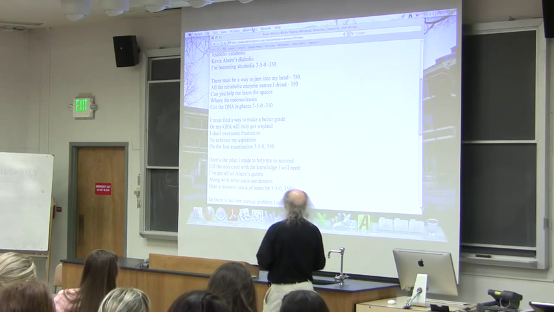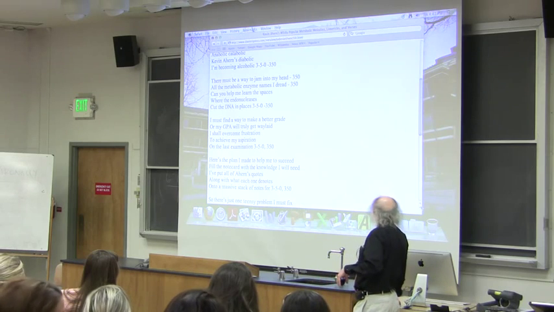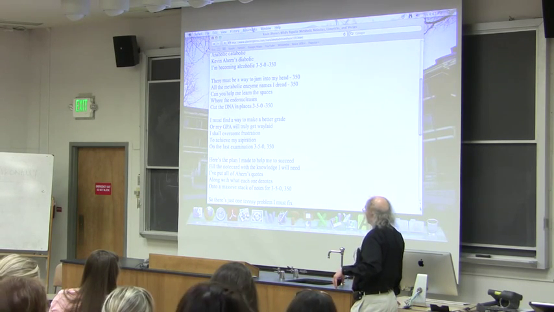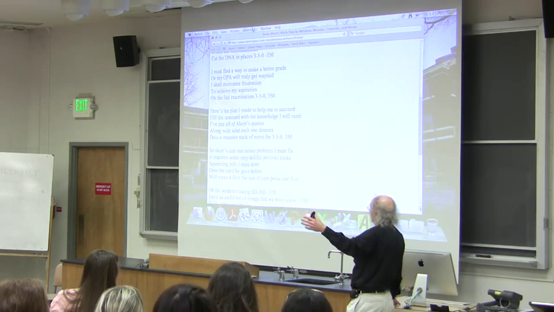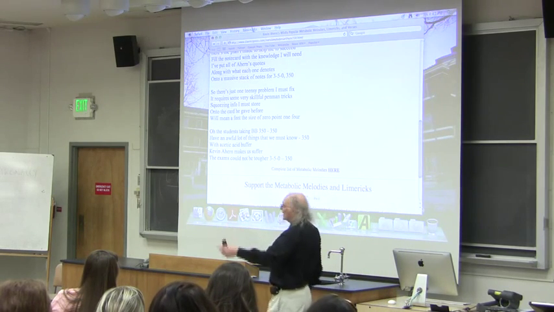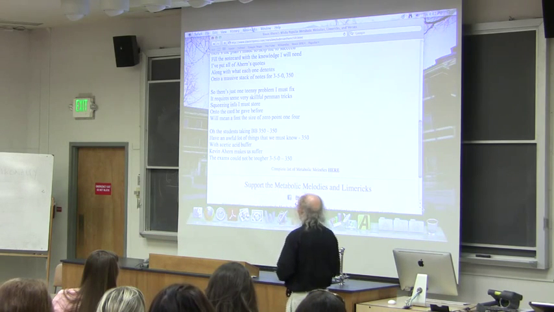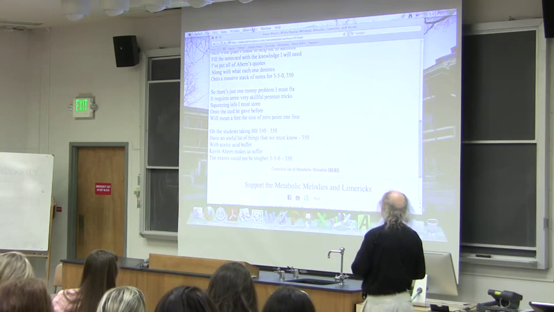Here's the plan I made to help me to succeed. Fill the note card with the knowledge I will need. I put all of Ahern's quotes along with what each one denotes onto a massive stack of notes for 350. Though there's just one teensy problem I must fix. It requires some very skillful penman tricks. Squeezing info I must store onto the card he gave before will mean a font the size of 0.14.